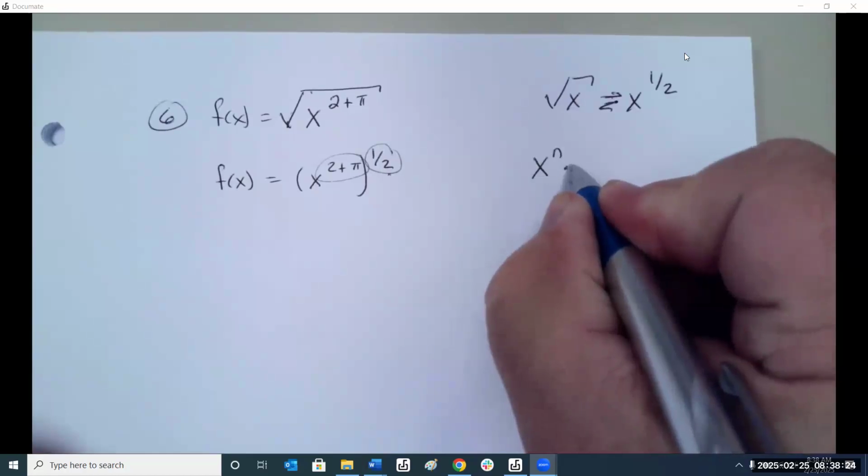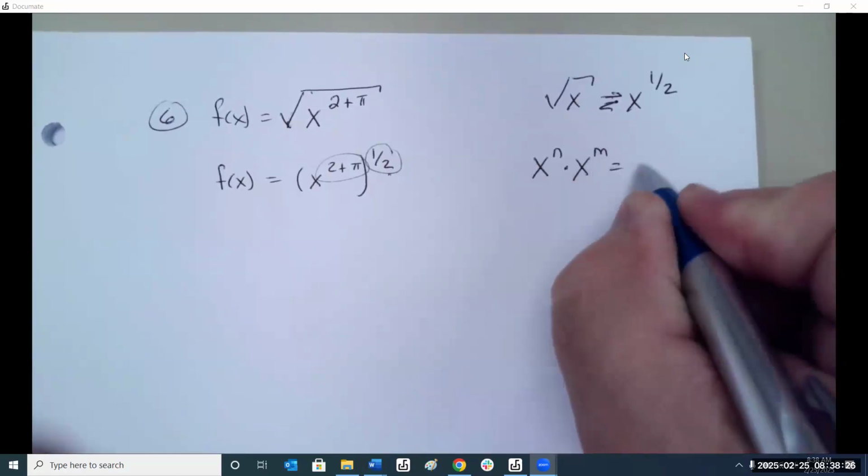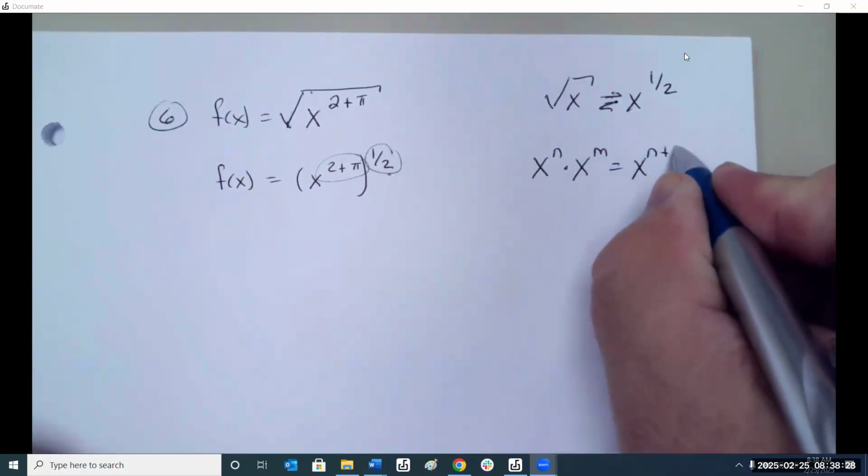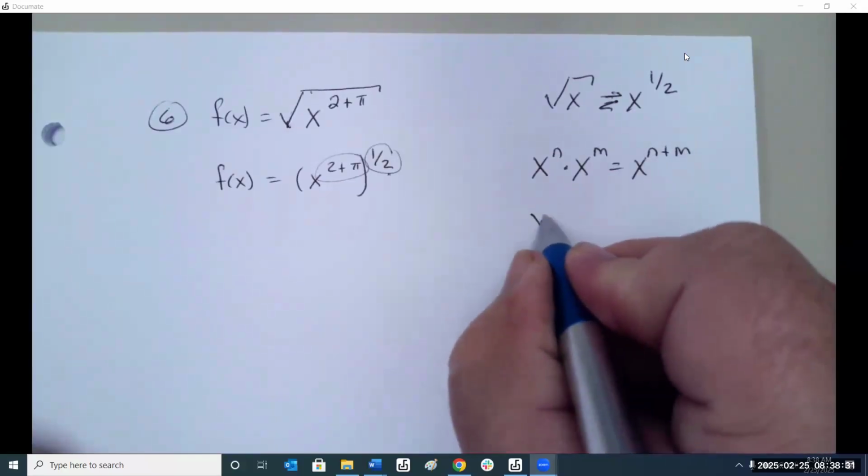The rules for exponents in a nutshell are these.